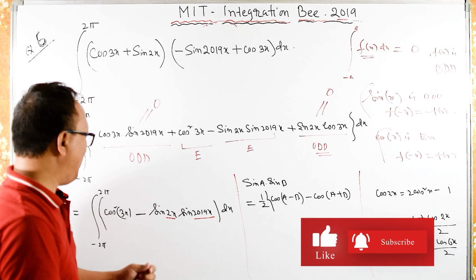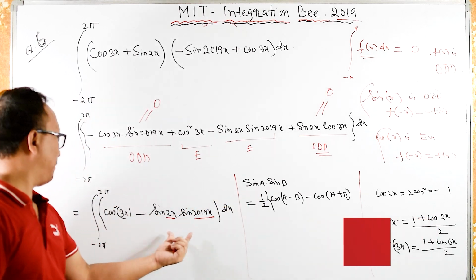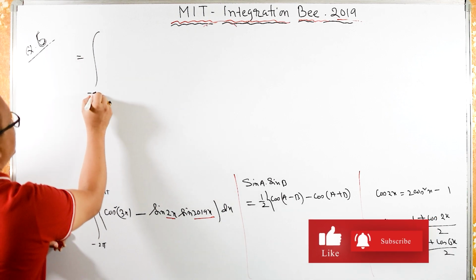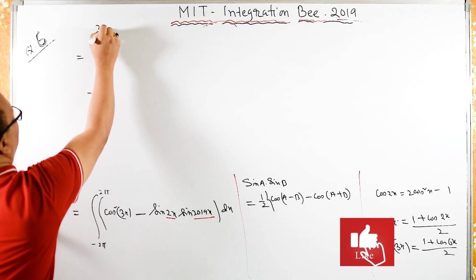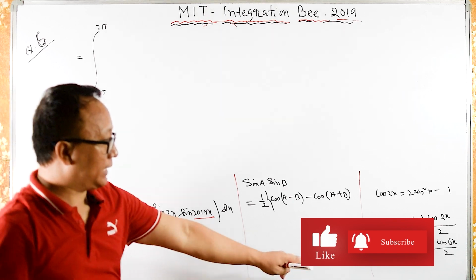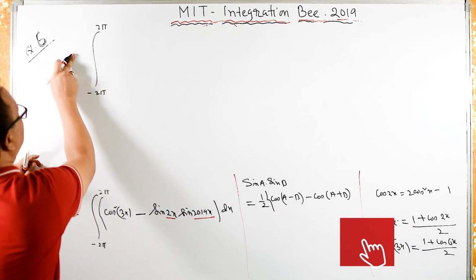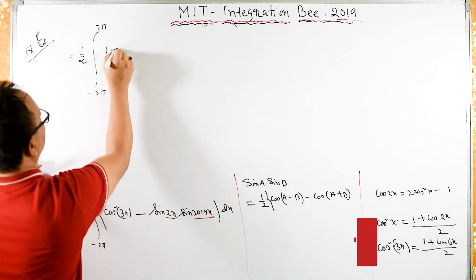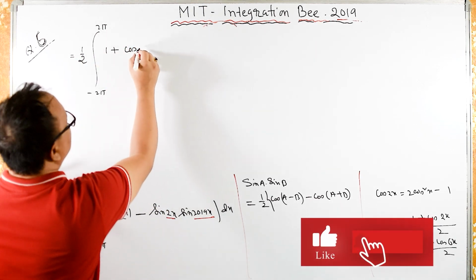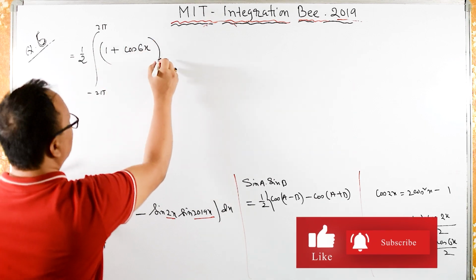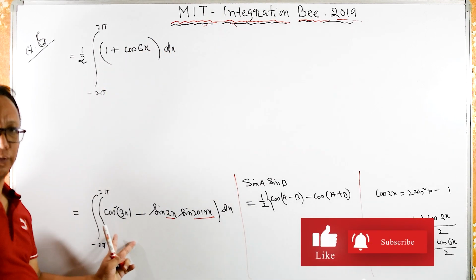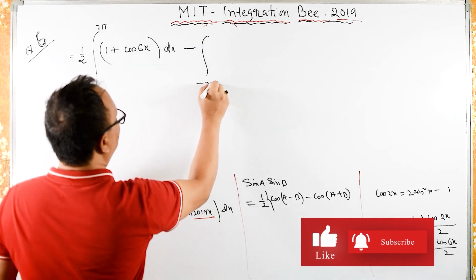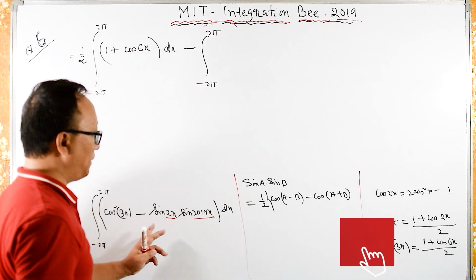So I'm going to use this formula over here, and then this is equal to the integral from minus 2 pi to 2 pi. So cos square 3x I can write with half outside, half of 1 plus cos of 6x into dx for the first term. So minus the integral from minus 2 pi to 2 pi of this.